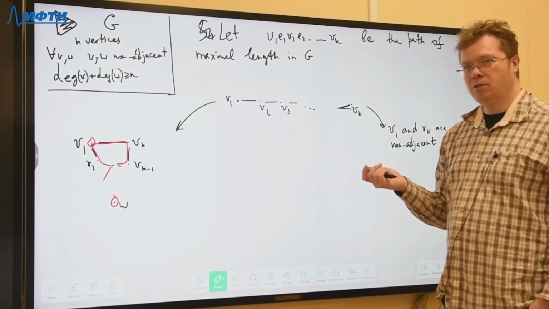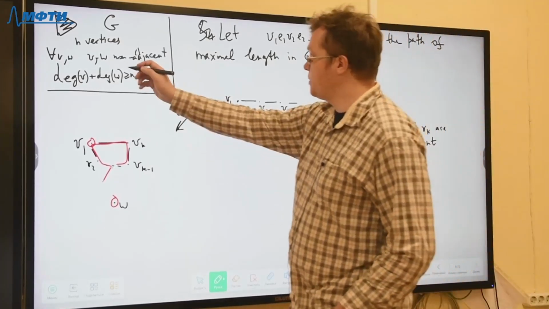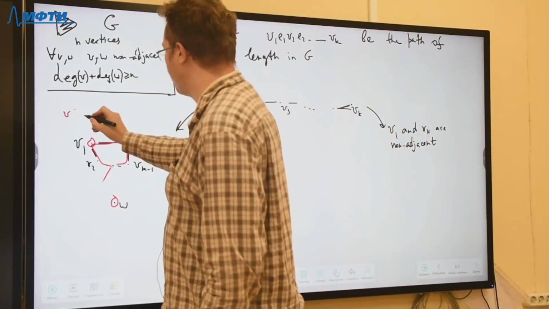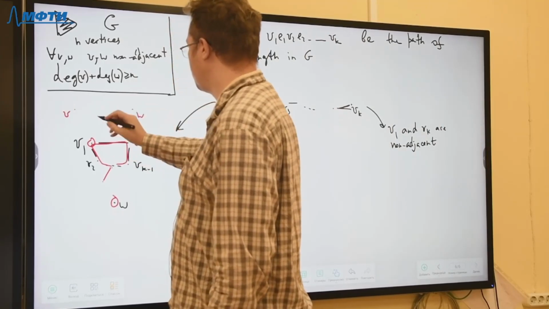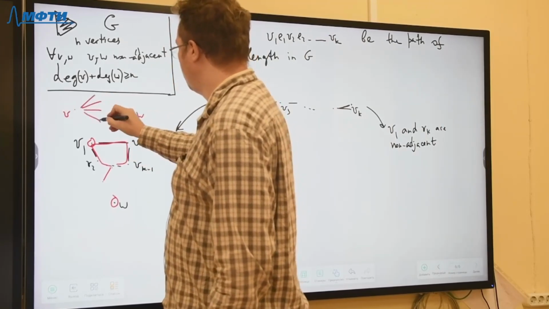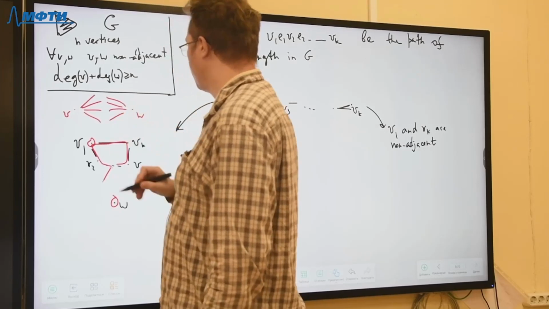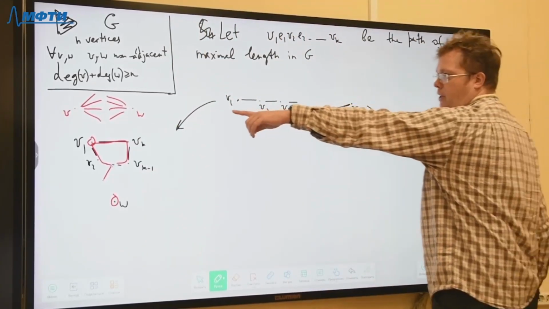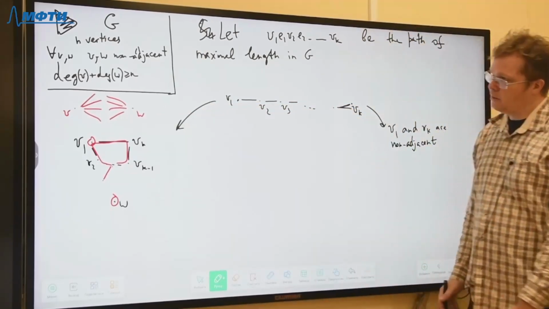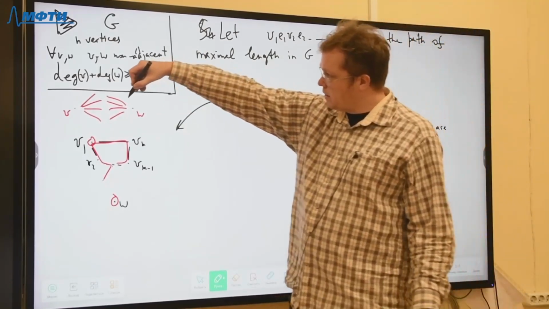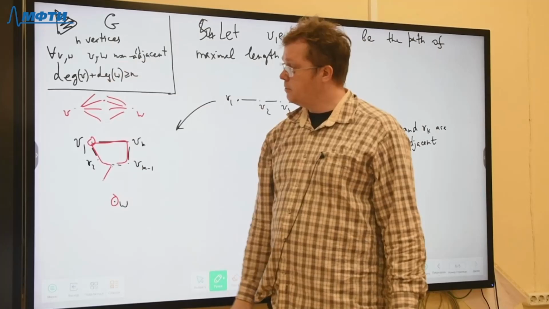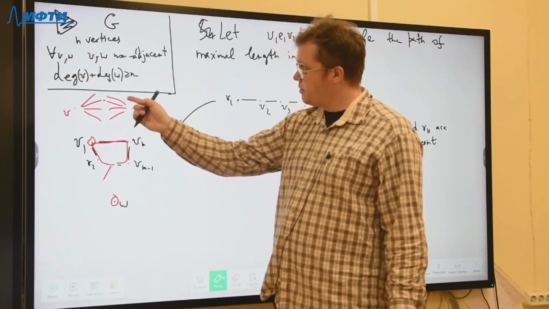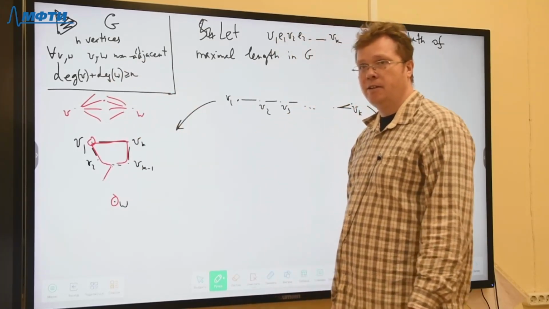So if we have two non-adjacent vertices V and W, looking at the edges coming out of them, there is at least one common vertex, because the sum of the degrees is greater than or equal to n.